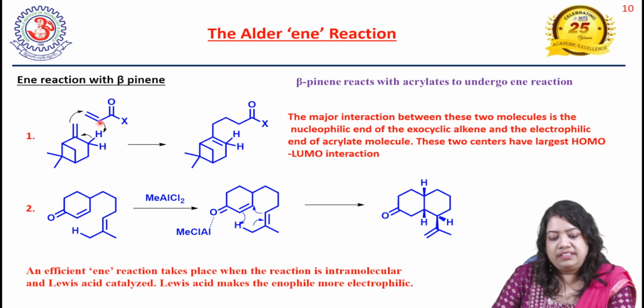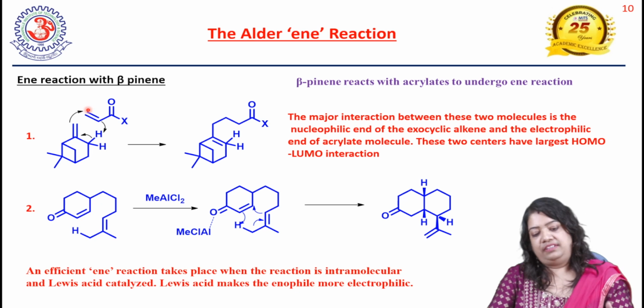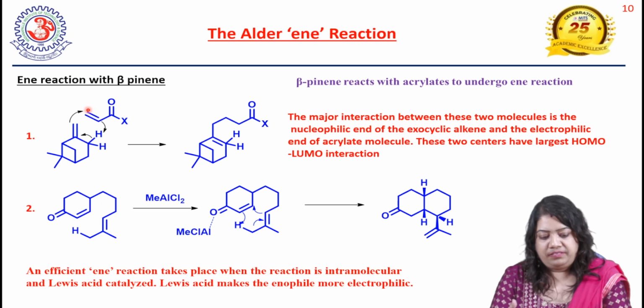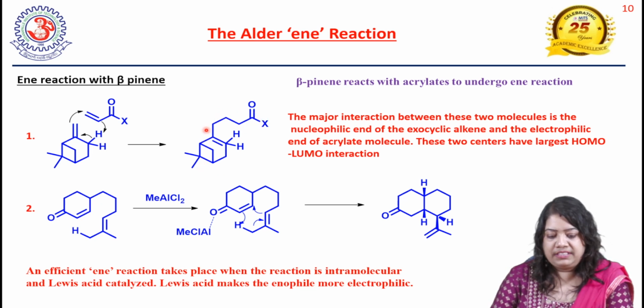When these two molecules interact, the nucleophilic end of this exocyclic double bond and the electrophilic end of this enophile interact together to give this kind of long side chain with this cyclic ring system.